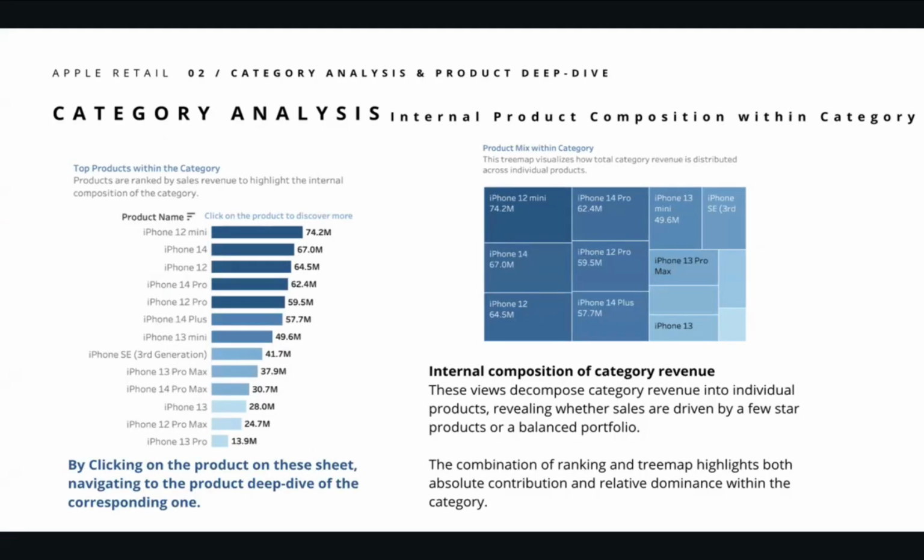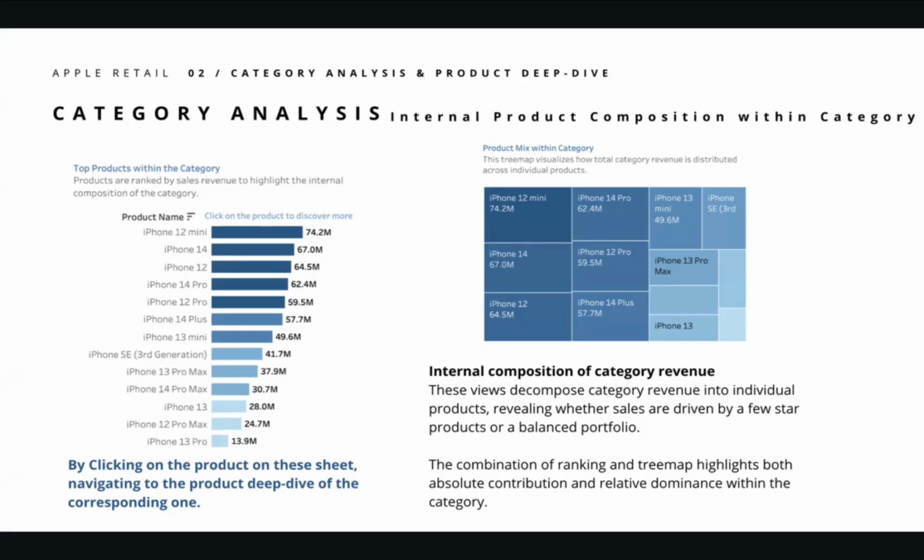Category-level performance can hide significant internal differences. This section decomposes category revenue into individual products. The ranking charts highlight top-performing products, while the tree map shows how evenly or unevenly revenue is distributed within the category.